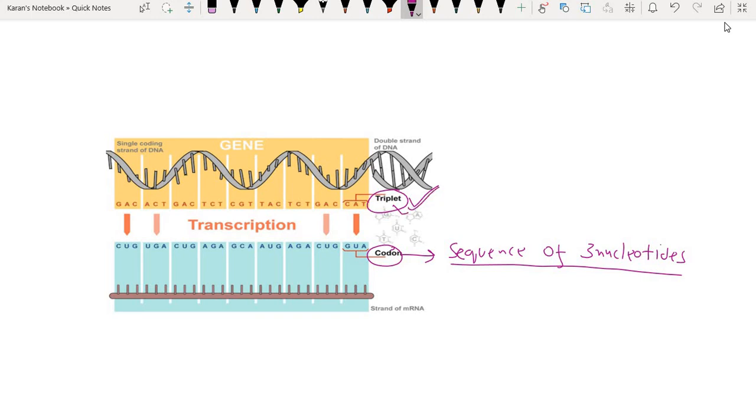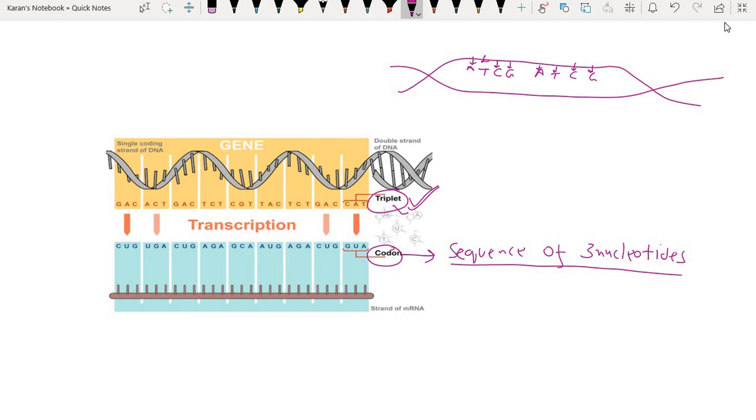Okay, so let me draw the transcription unit so that you may understand it better. Suppose this is a double helical structure of DNA. So here you can see I'm making the bases A, T, C, G, A, T, C, G. So these are the bases in one strand of DNA.